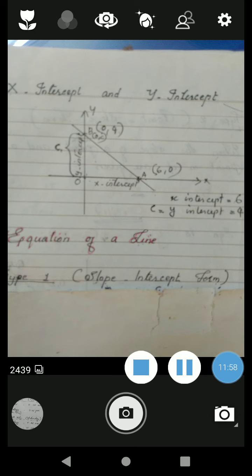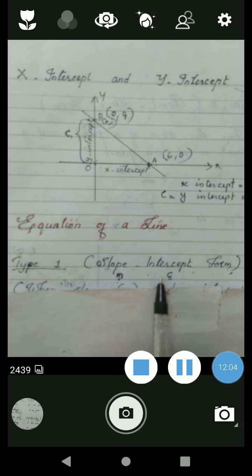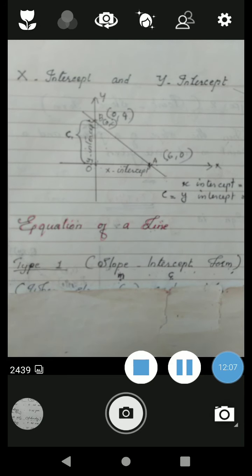Type 1, slope intercept form. That means when slope and intercept on y-axis are given. We can find slope, no? If inclination is given, slope is tan theta, and y-intercept is given.